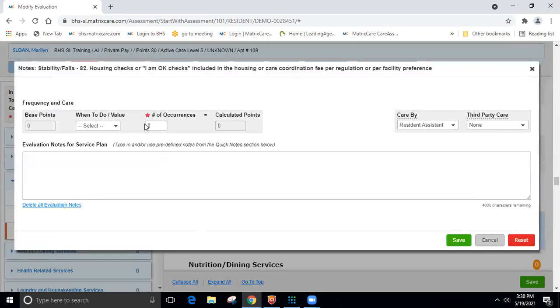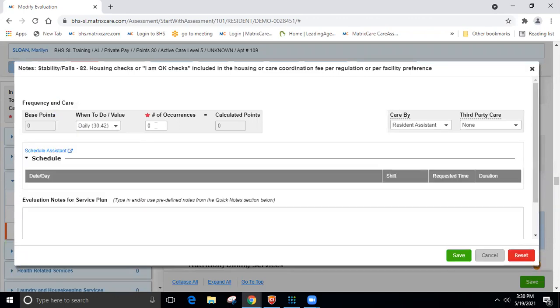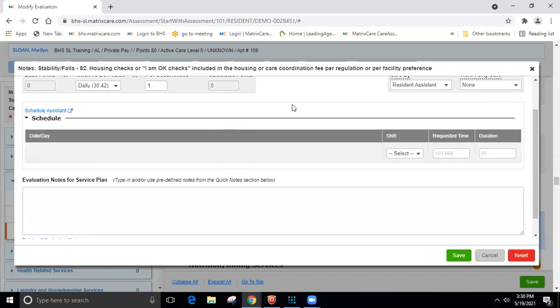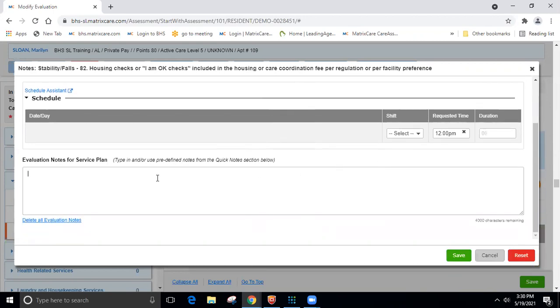If I just have 1 and that's all they need, and I have to do a daily housing check on them, and maybe I do it at a meal time, you'll see there's no points. And so I'll just put 12 p.m. for the noon meal. And then I might write, if not located, notify supervisor.